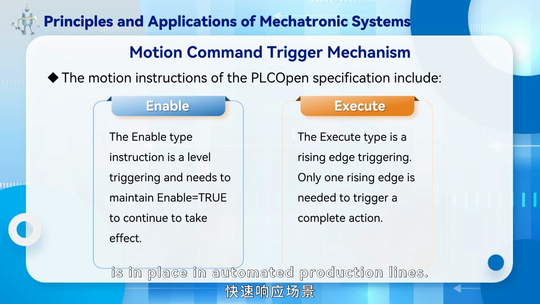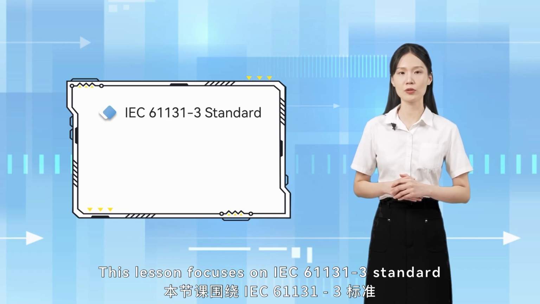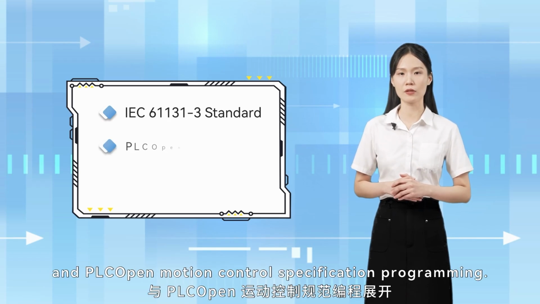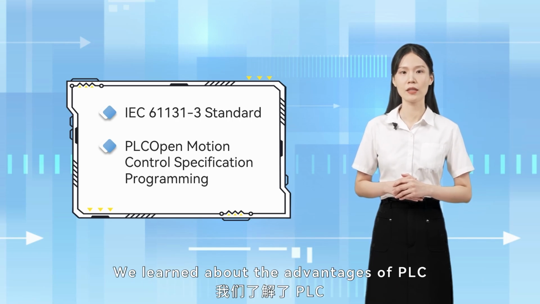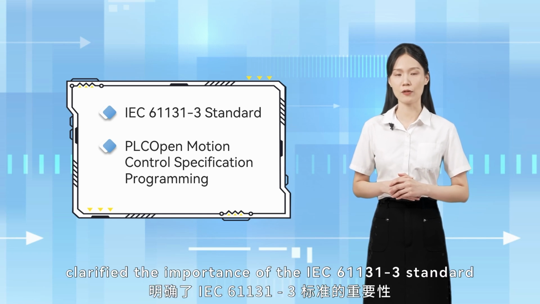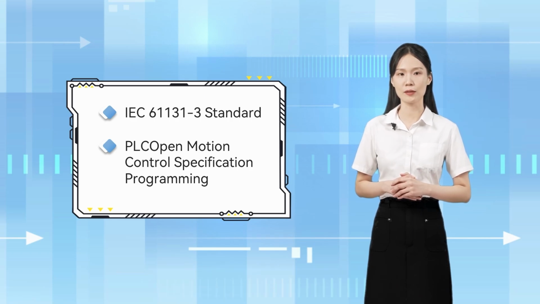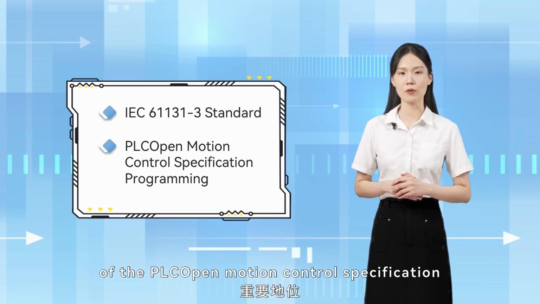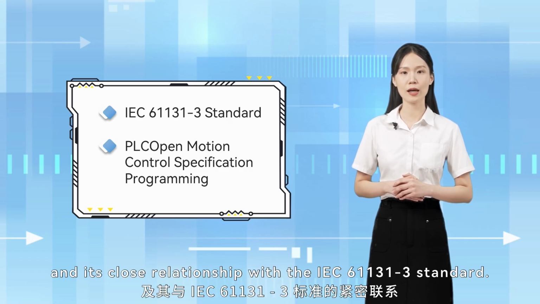This lesson focused on the IEC 61131-3 standard and PLCOpen motion control specification programming. We learned about the advantages of PLC and servo system control architecture, clarified the importance of the IEC 61131-3 standard and common compatible manufacturers, and learned the importance of the PLCOpen motion control specification and its close relationship with the IEC 61131-3 standard.